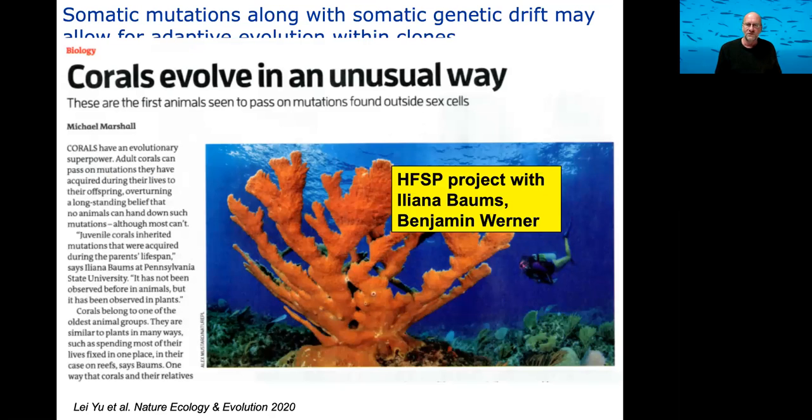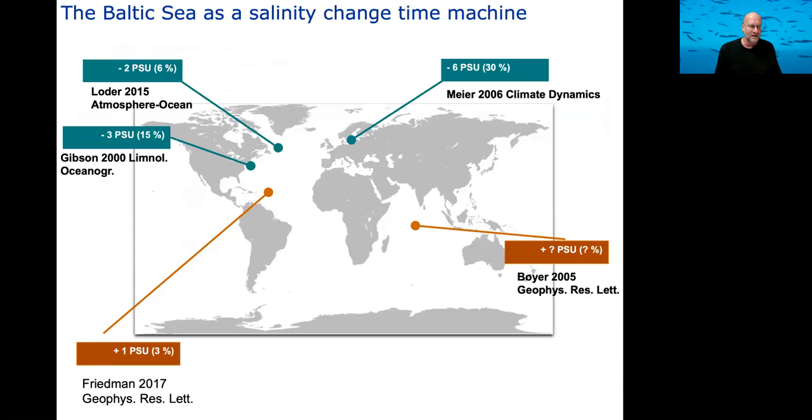But let me now turn over to normal populations that reproduce sexually. And one change of environment, or strong gradient I should say, in the Baltic that I actually didn't yet go into detail on: the Baltic Sea is one of the largest brackish water areas in the world ocean.